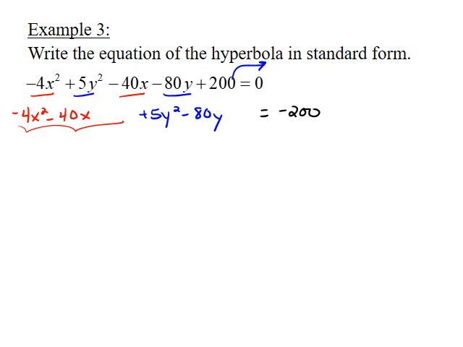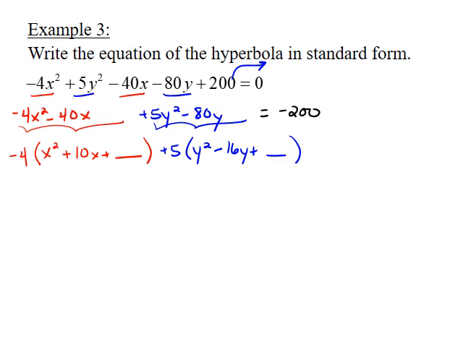Then I'm going to take out the GCF over here, leaving me with x squared plus 10x, because I took out a negative, plus a special little number. Same type of thing with the blue stuff. I'm going to take out a 5, leaving me with y squared minus 16y plus a special little number.